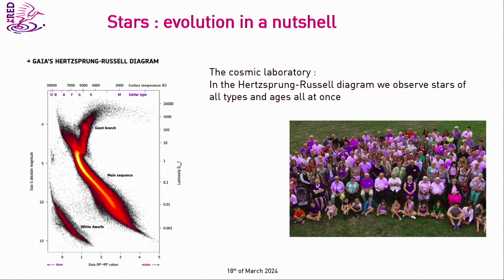Here down you have the M dwarfs, and up here you have the O-type stars, so the very hot ones. Then there's this giant branch, which is where the low-mass stars like the Sun evolve when they run out of hydrogen in the core.